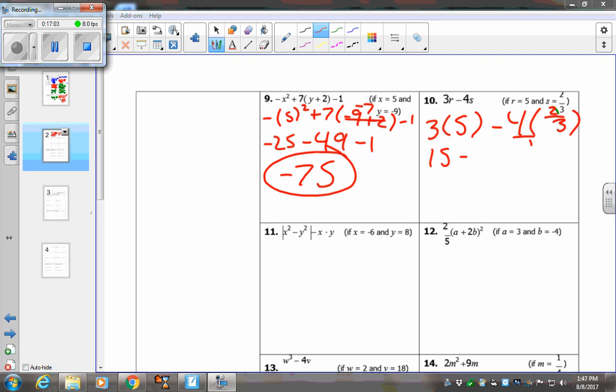So when you multiply together, you get 8 over 3. Use the handy dandy calculator. That's why we have them. 15 minus 8 over 3. 37 over 3.